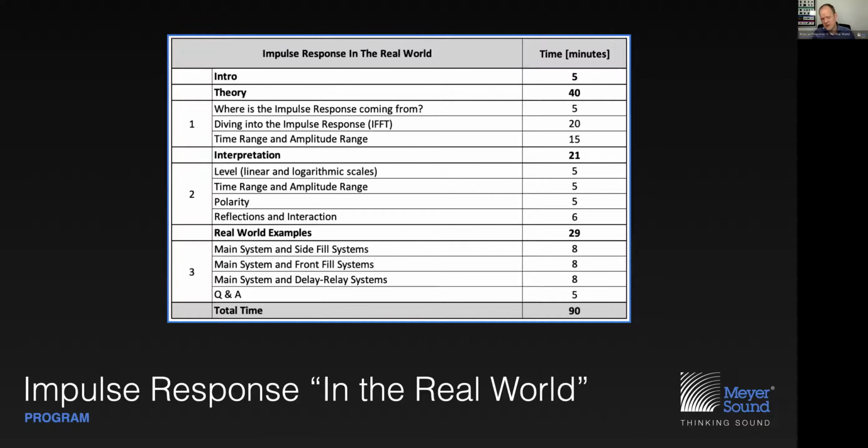Level can be seen on a linear scale and a logarithmic scale, and we're going to talk about that today, as well as polarity, what happens if you reverse polarities, reflections and interactions with the room and other loudspeakers, and then finally some real-world examples that focus on a main system in conjunction with side fills or front fills or delay or relay systems, and if time allows for it, we will have some Q&A afterwards.